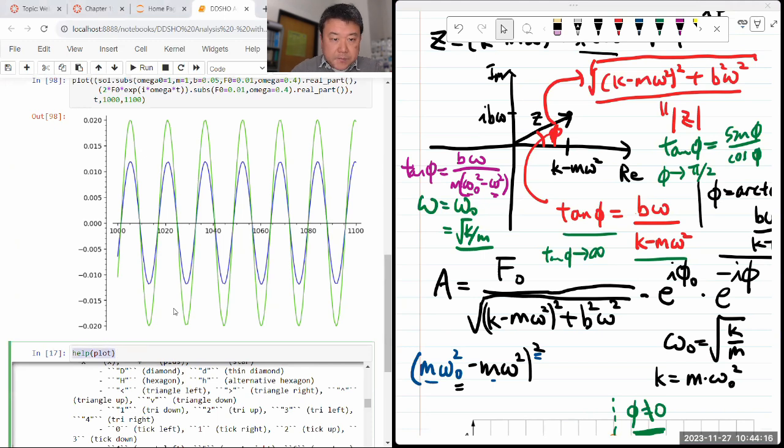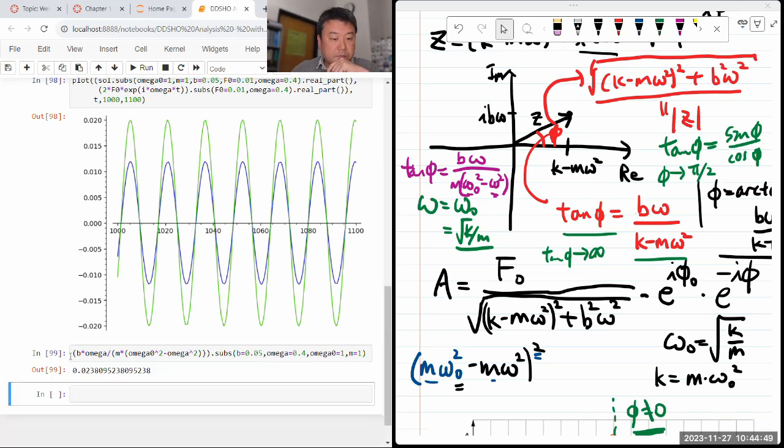So right now my B is 0.05 times omega 0.4, or let me write it this way. B times omega, I have the symbols, over M times omega naught squared minus omega squared. So substitute in B is equal to 0.05, omega is equal to 0.4, omega naught is 1, and M is equal to 1.